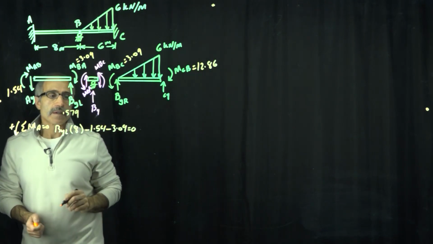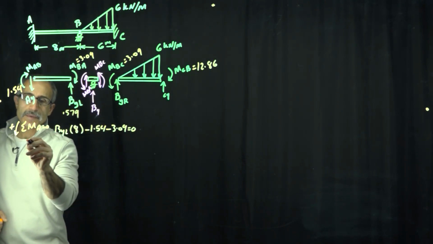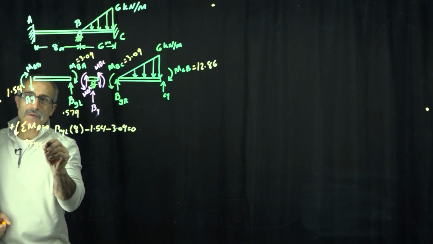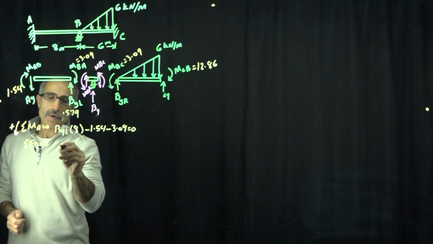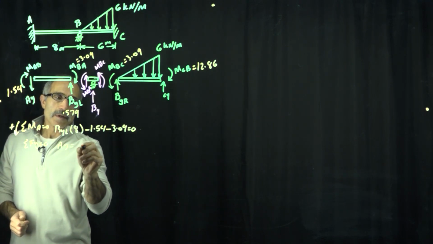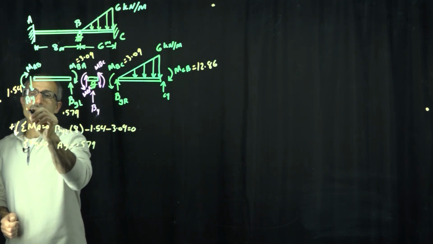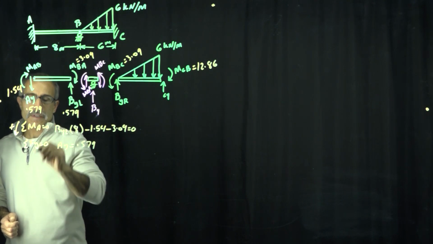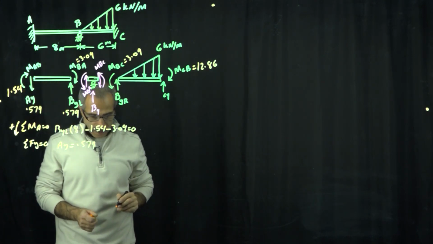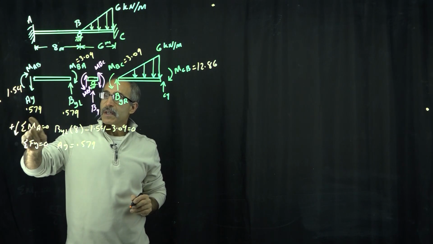So that's BY left. And then I do summation of F in Y equal to 0, and AY comes out to negative 0.579, which is going downward. So that's going to become 0.579.